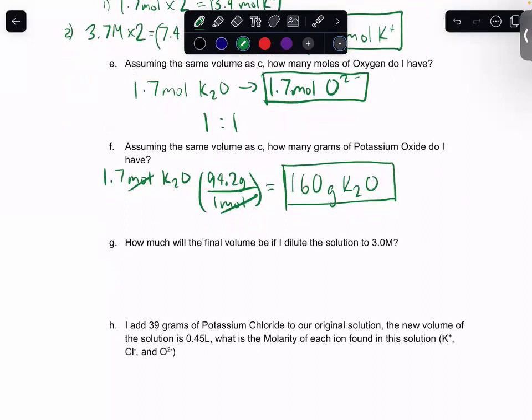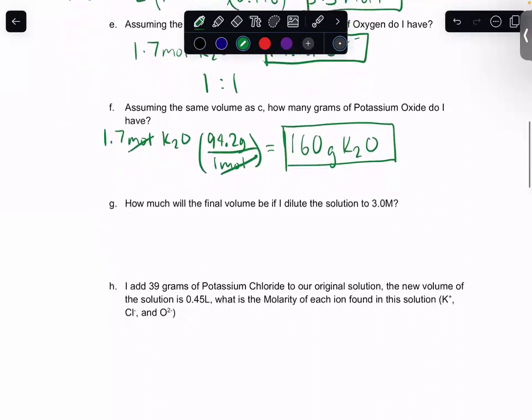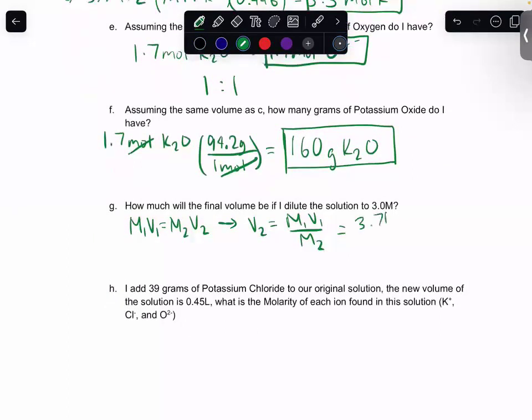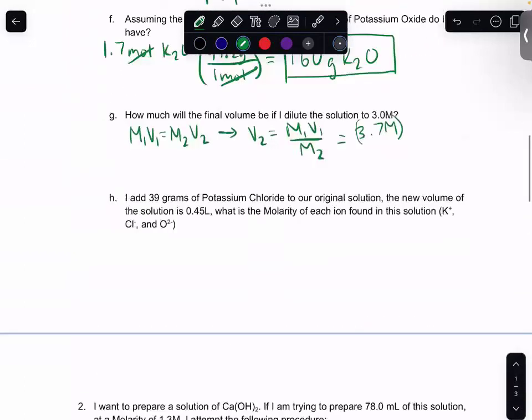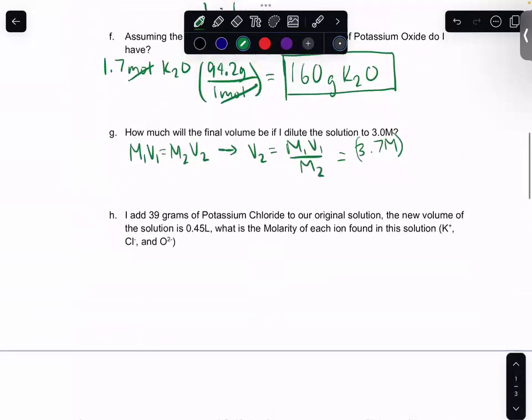How much will the final volume be if I dilute the solution to 3.0 molar? Well, I know that I can use M1V1 equals M2V2 because this is a dilution problem. If I'm looking for our final volume, volume 2, I can just rearrange this to volume 2 is equal to M1V1 divided by M2. And I'll plug these values in. We have 3.7 molar times our original volume, and for this one, we don't need liters.